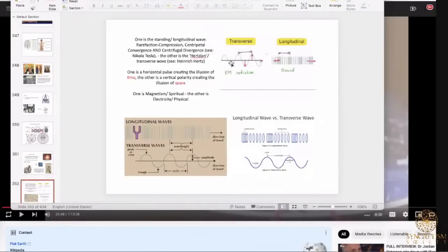So you have transverse waves and you have longitudinal waves. There's only 2 kinds of waves. Okay, they've got the Rayleigh wave and all these other ones that they've made up, but forget about it. There's only 2 kinds of waves. Transverse is electrical, right? Longitudinal is magnetic. Simple. Magnetism is a standing wave. It doesn't vibrate. It radiates.